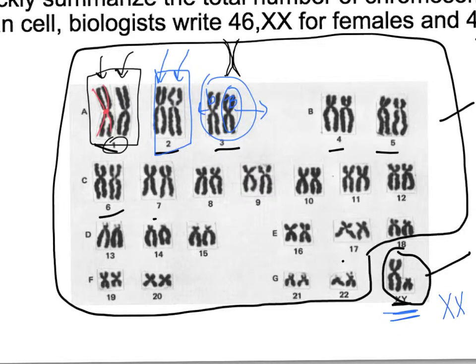Karyotypes are also good for folks looking at it and making sure that there's the correct number, and if there's not the correct number, then that's where they can start to figure out which genetic disorder somebody might have. So do they have an extra number 21? Is there an extra one? Or are they missing a chromosome? Are they missing part of a chromosome, like maybe a section of a chromosome is just deleted and it's not there at all? So karyotypes are good for all of that as well.